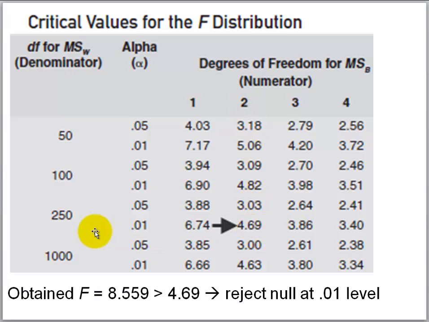Now oftentimes for the degrees of freedom for the mean square within, the exact degrees of freedom isn't listed in the F distribution table. So in that situation, you use the closest lower value. So our degrees of freedom were 693.